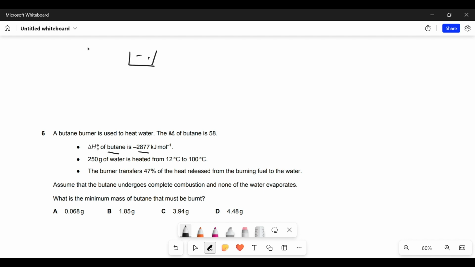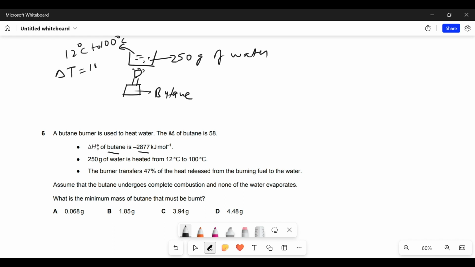Let's say in the beaker we have taken 250 grams of water, and we are heating it with the burner which contains butane, right? And the temperature of the water rises from 12 degrees Celsius to 100 degrees Celsius. That means the change in temperature delta T is 100 minus 12, which is 88.